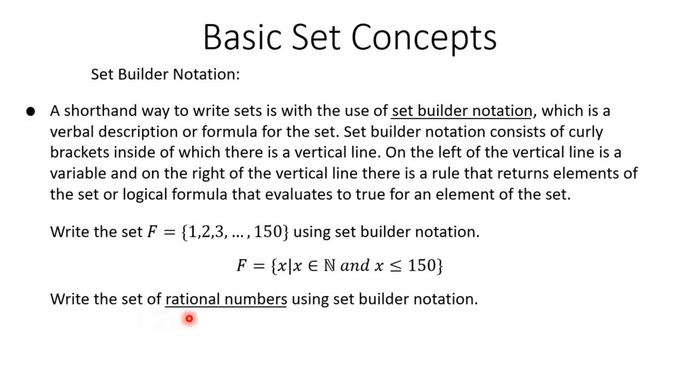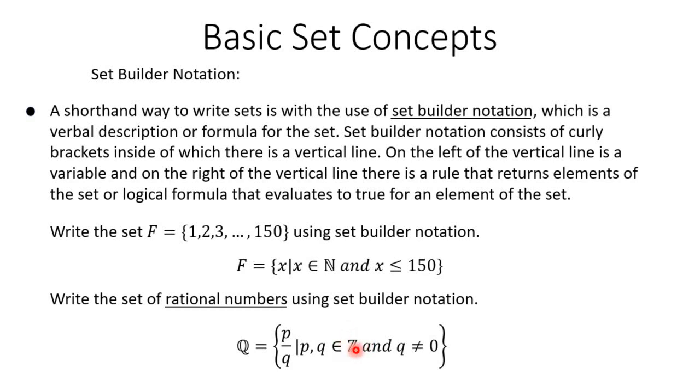All right, here's another one. Write the set of rational numbers using set builder notation. So the set of rational numbers, here it is. There's a special symbol for this set also. The set of rational numbers, they use this special Q for it. And it's the set, and the variable looks like this. It's a fraction, p over q. Then there's the vertical bar. Then it describes p and q are both elements of the integers.